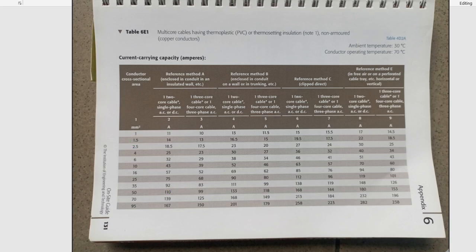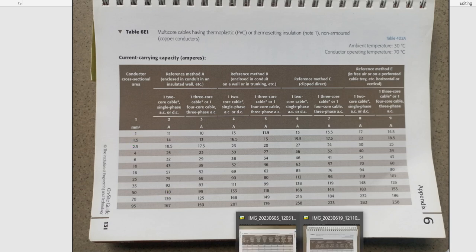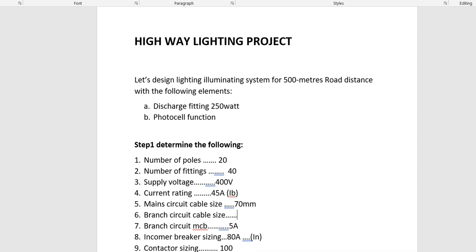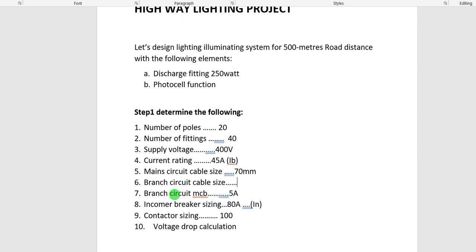Because 1 mm may not give a solid one there, we're going to use 1.5. Our branch circuit is going to be 1.5 mm squared by 3 core.